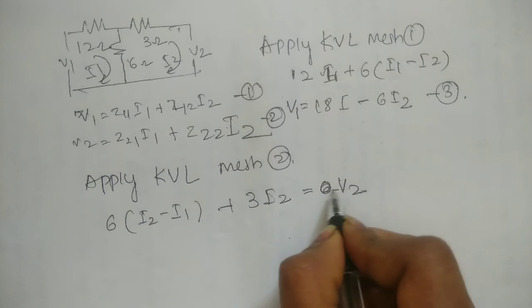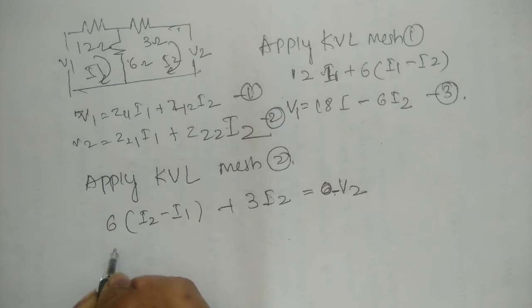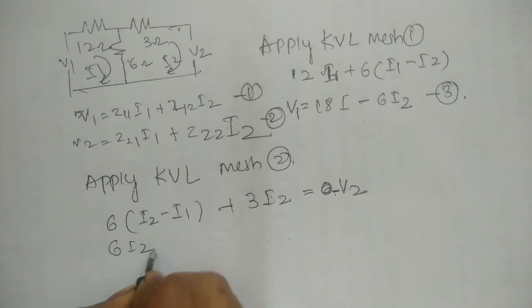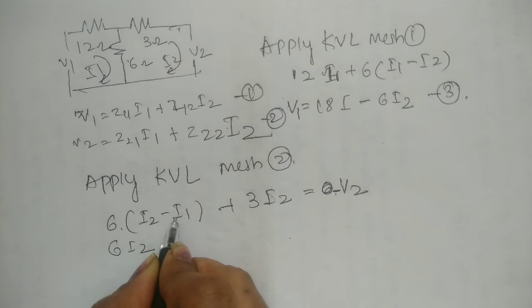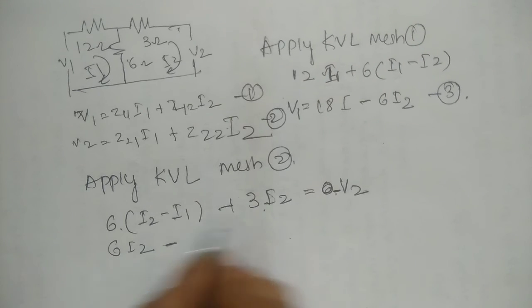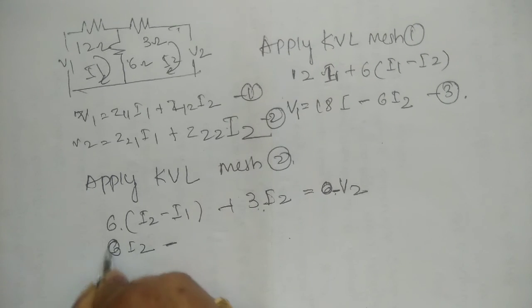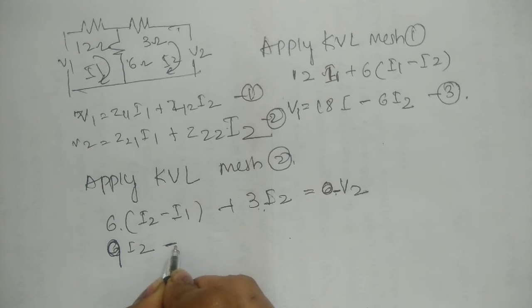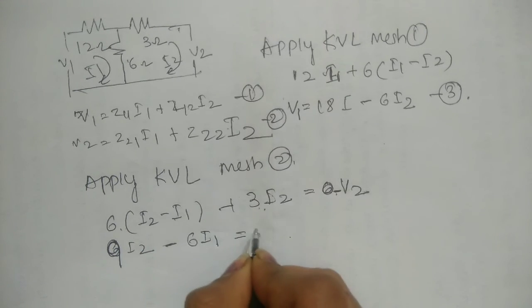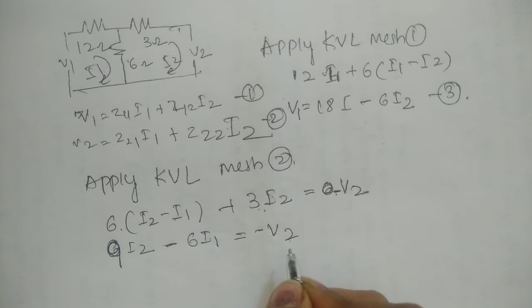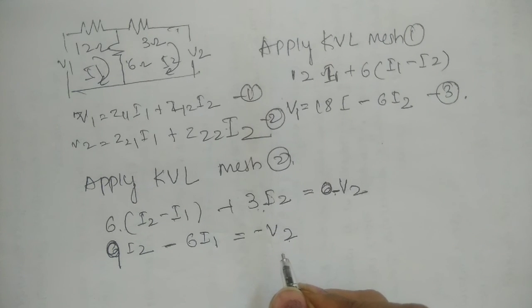Correct. Minus V2 will come. 6 I2 minus 6 plus 9 I2 minus 6 I1 equals minus V2. Correct.